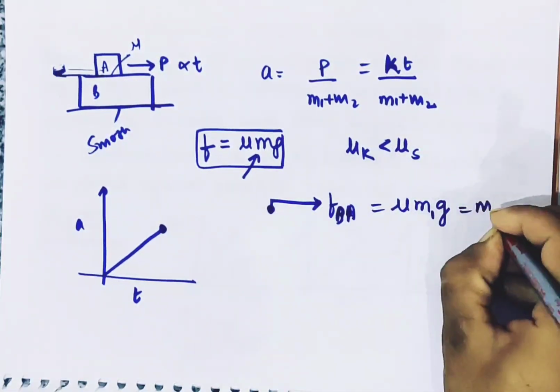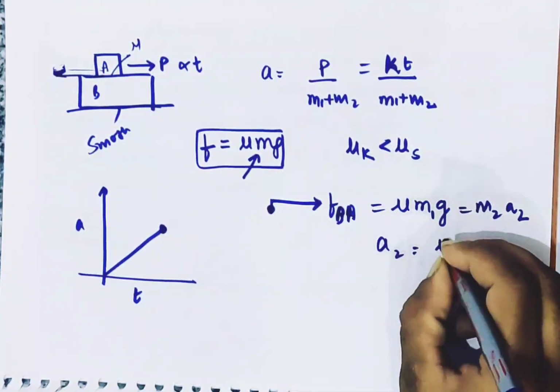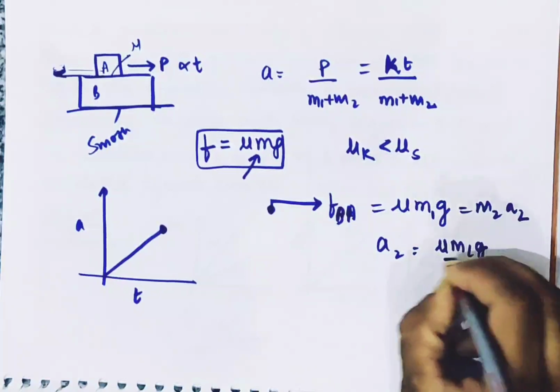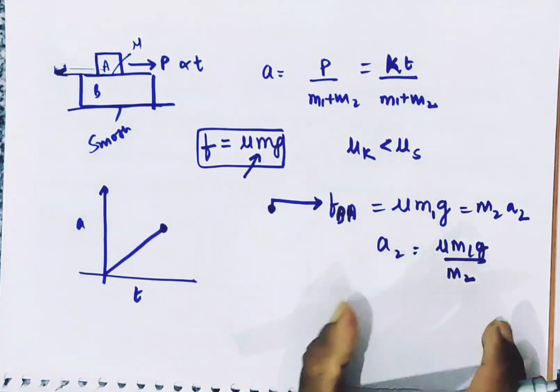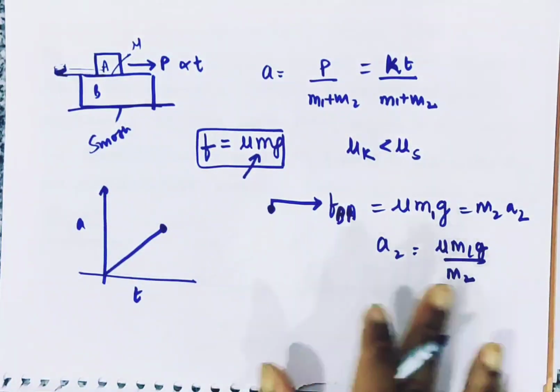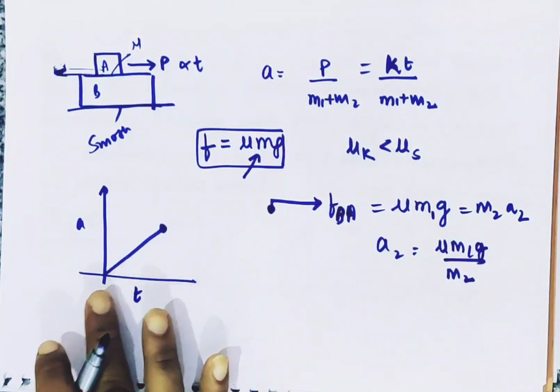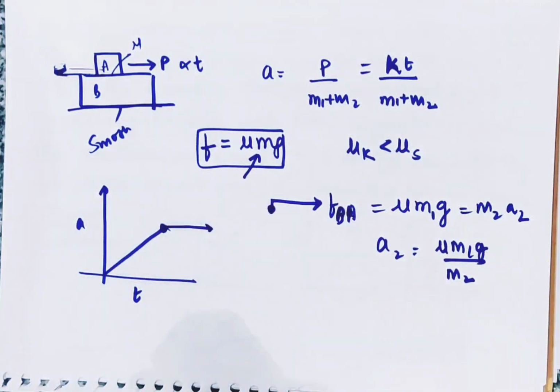If we apply F equals m2a, we get mu m1g upon m2. That is what we get as the acceleration of block B. So if we make the graph for block B, it will go constant. It will not increase further.